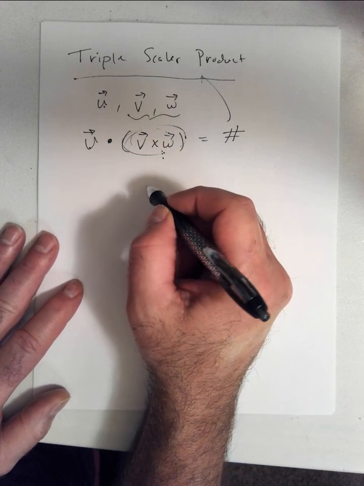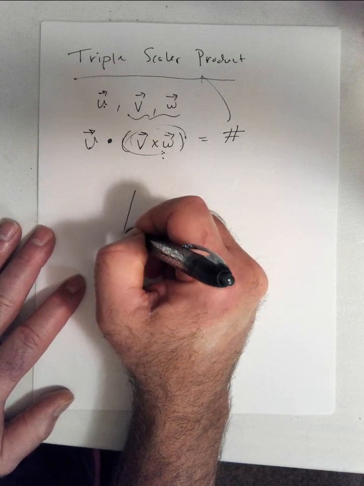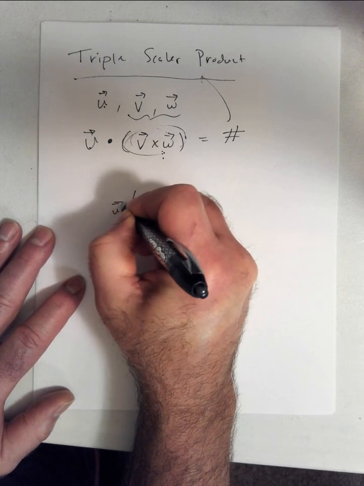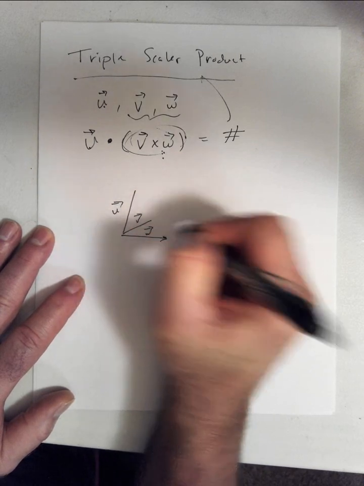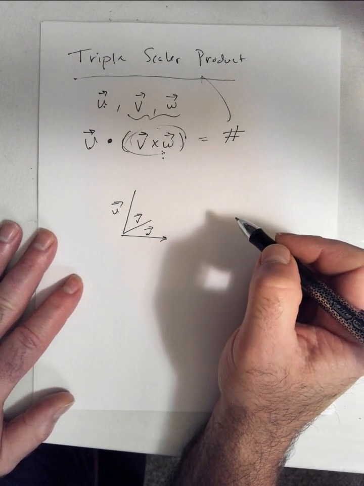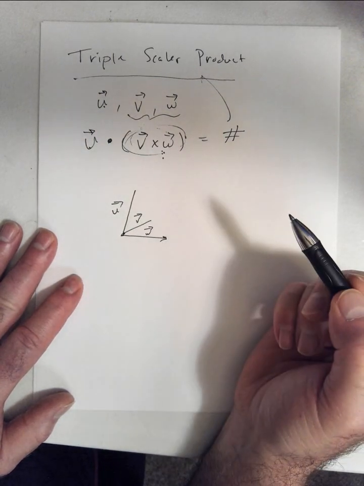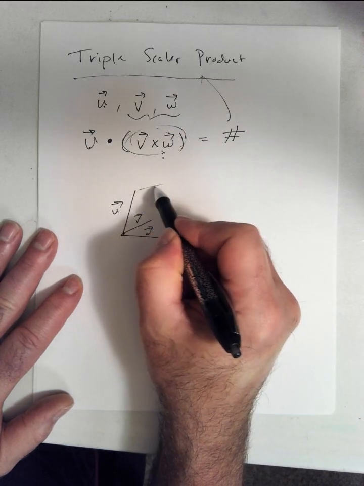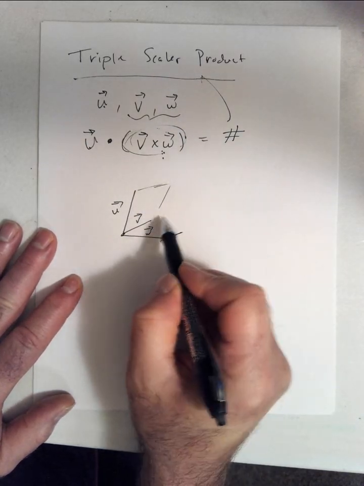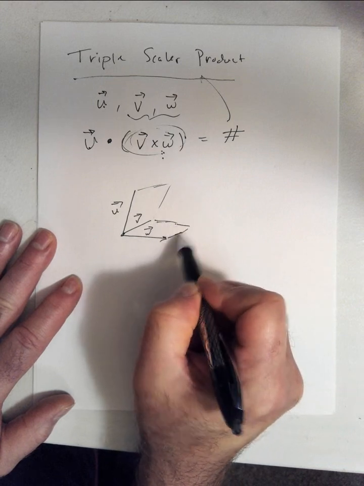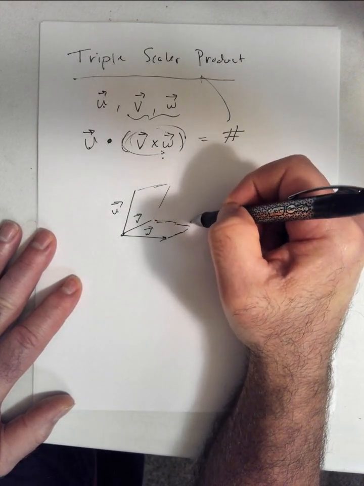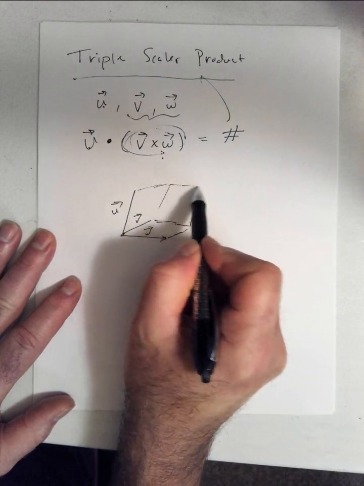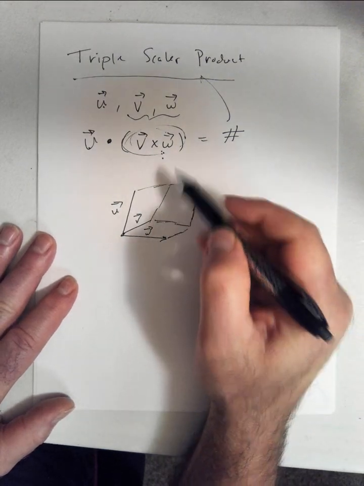if u and v and w look something like this, they can form the three sides of a three-dimensional shape, which looks like this. These are parallelograms.